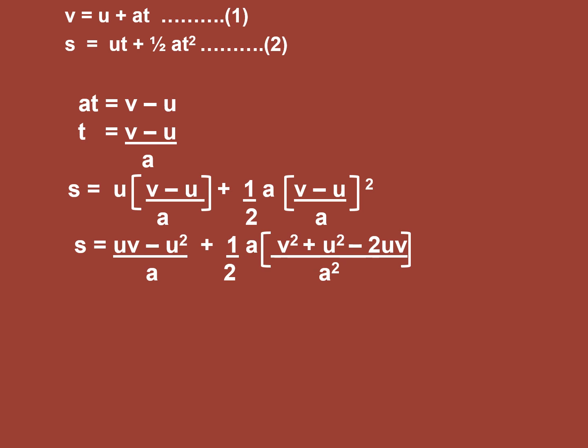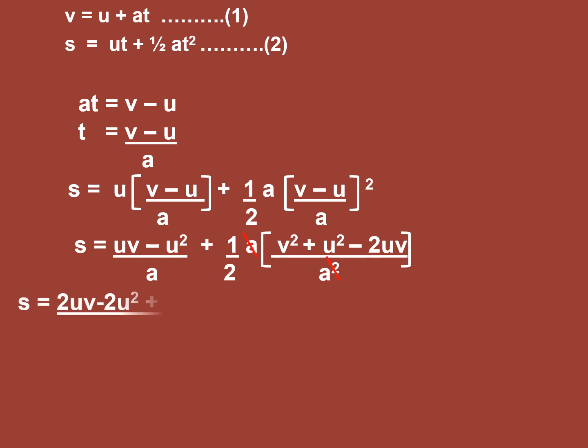Multiplying u with v minus u, we get s equals to (uv minus u square) upon a. And using the mathematical identity, (a minus b) whole square equals to a square plus b square minus 2ab, we get 1 by 2 multiplied (v square plus u square minus 2uv) divided by a square.